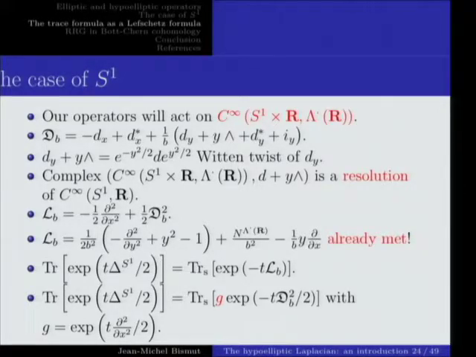This was the identity: the trace of the original heat kernel is equal to the supertrace of the hypoelliptic heat kernel. Now, if I use the formula that I gave before for LB, I just rewrite it this way. The trace of the original heat operator is equal to the supertrace of G, G being the exponential of minus T dB squared over 2. It's just rewriting this in this way, and this is a strict analog of the McKean-Singer formula.